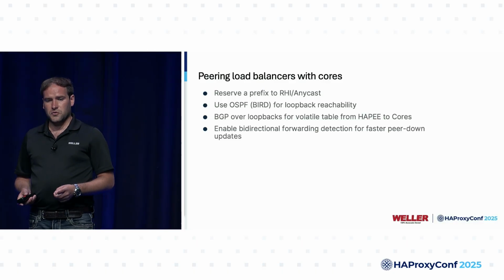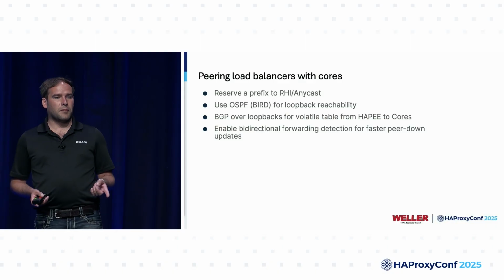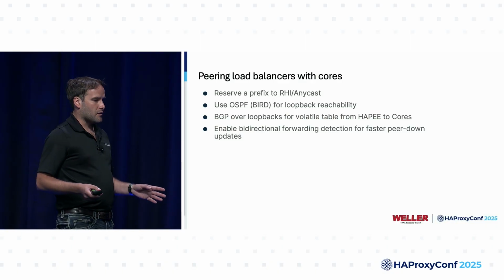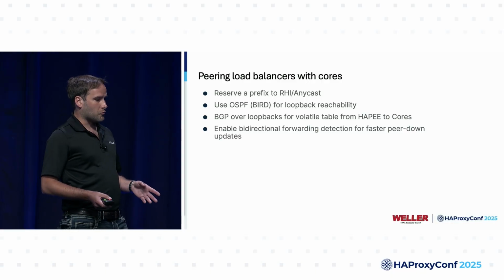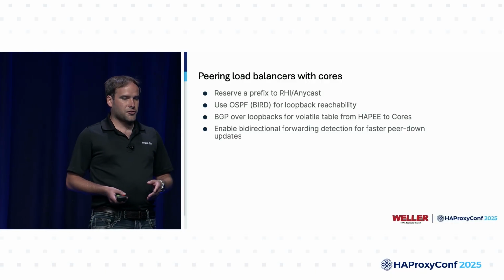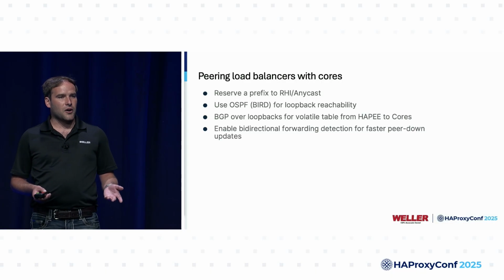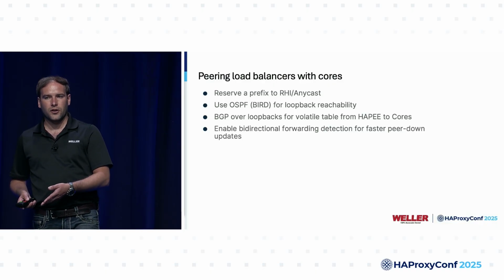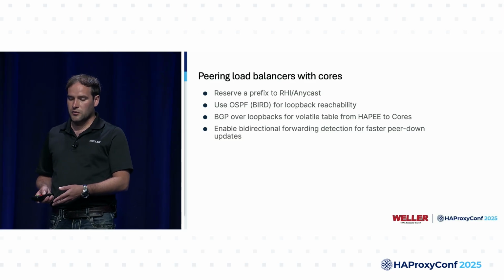Another thing to note is we also enabled BFD, or bidirectional forwarding detection. If there's anyone not familiar with BGP, there's a condition where if your peer actually goes down, the default behavior means it could take up to 30 seconds for your peer down to be detected.